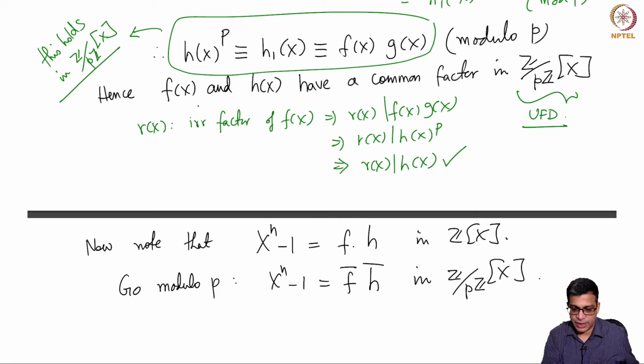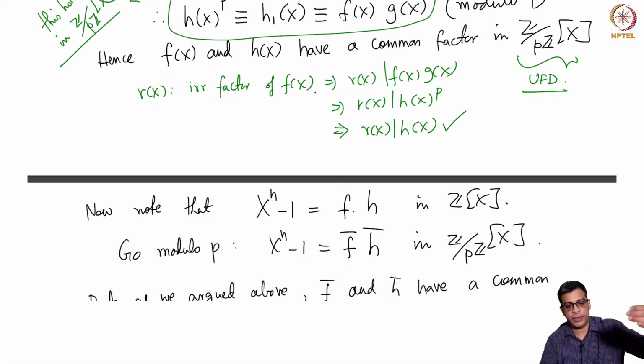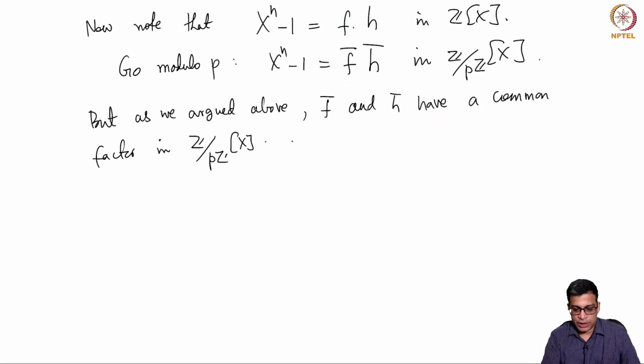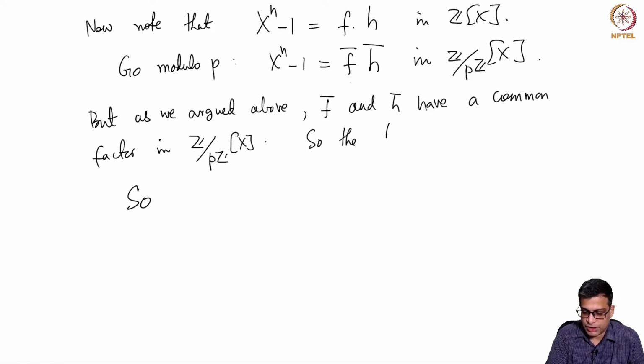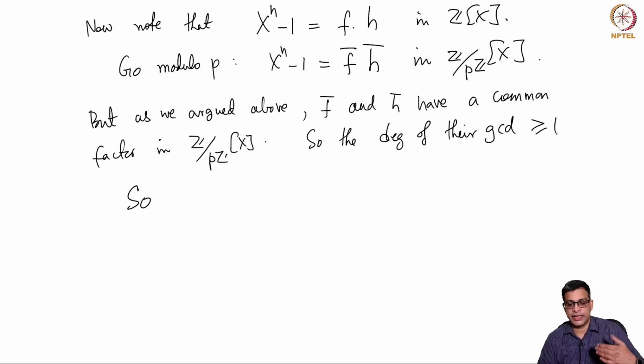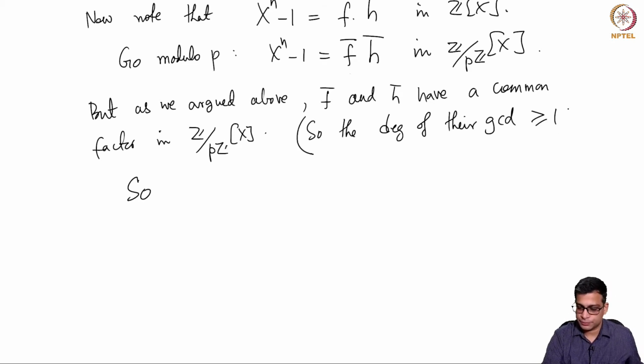So that is exactly the statement: f and h have a common factor in Z mod pZ[x]. That means their images have a common factor. But then that means the degree of their GCD is strictly greater than 0. That means the GCD is a non-constant polynomial, right?